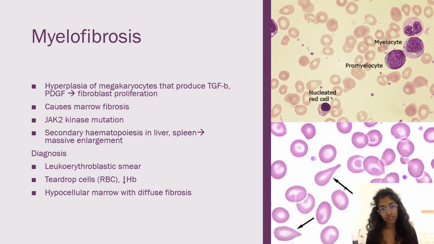And teardrop cells, or the red blood cells that are in this characteristic shape, arise as a result of the red blood cells squeezing through the fibrotic bone marrow, and as a result, these get stretched and therefore form this kind of a picture. Moreover, you'll see the presence of a hypocellular bone marrow with diffuse fibrosis.